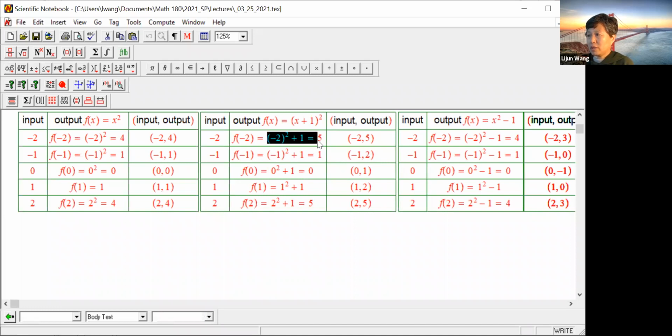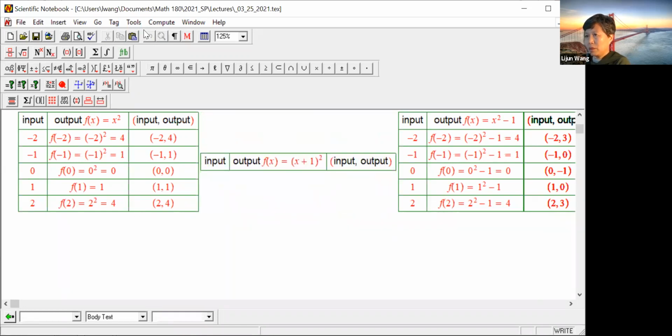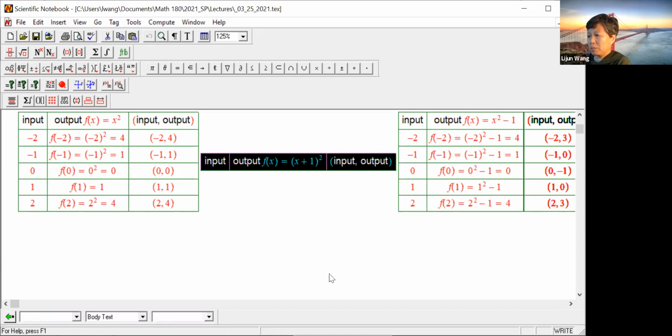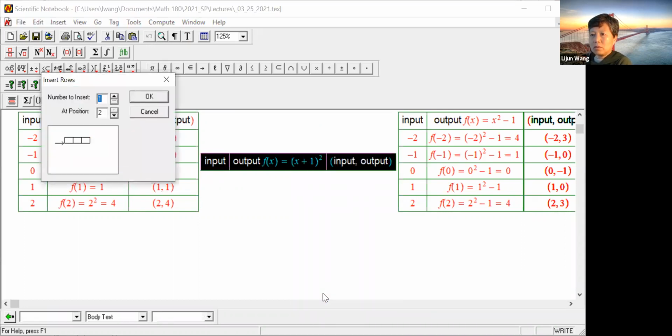So the rule has changed. You have to do it all over again. I'm going to make it right, so I'm going to insert some rows. I'm going to insert 5 rows.